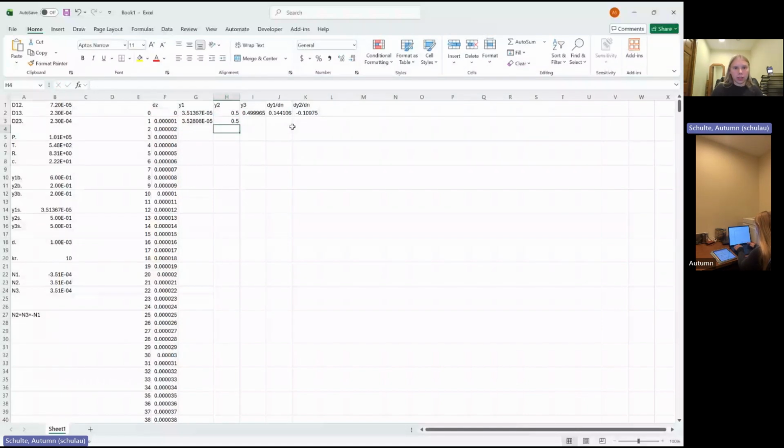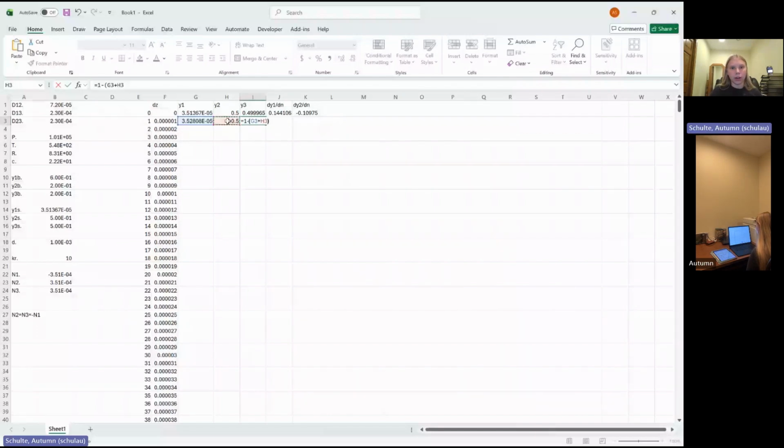And then the mole fraction of our hydrogen is simply going to be 1 minus the sum of these two. So this is equal to 1 minus y1 plus y2. So we can put that in.